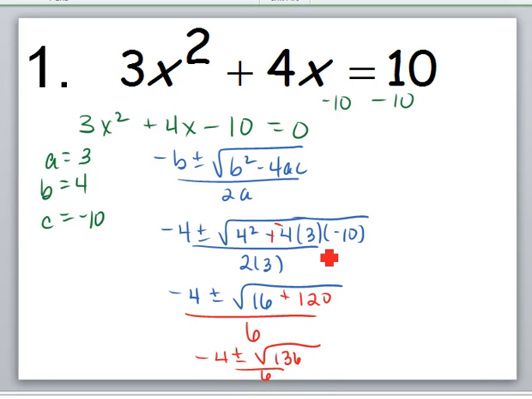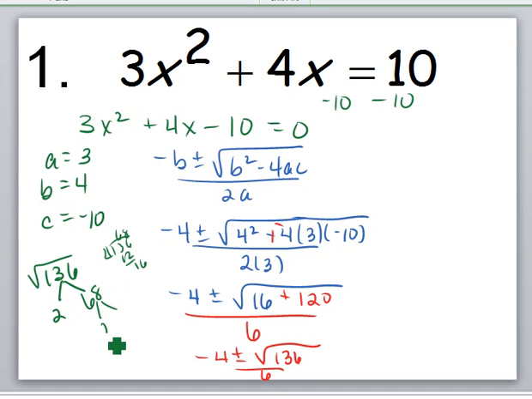Does 136 break down? I know 2 goes into it evenly because it's an even number. 136 divided by 2 is 68. 68 can be broken down into 2 times 34.